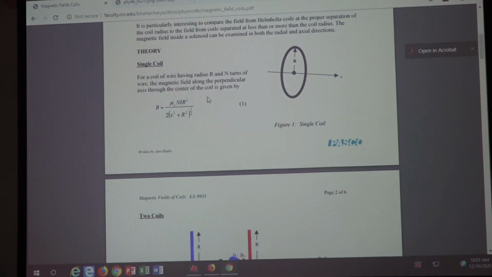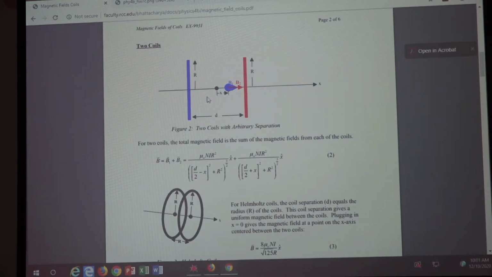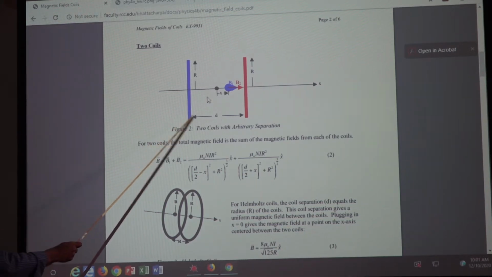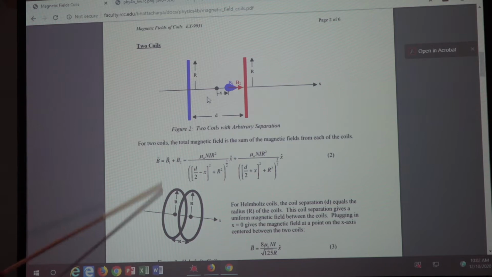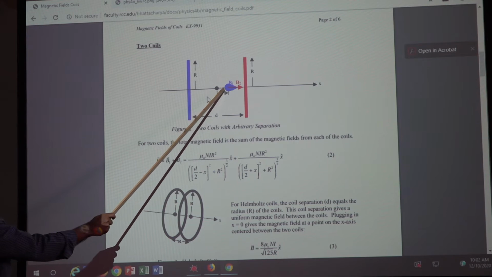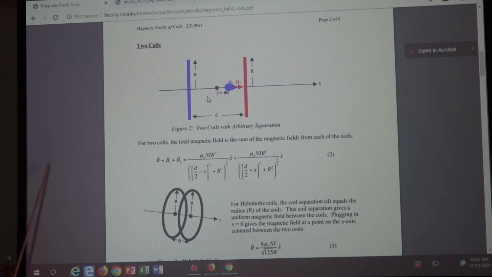There is nothing extraordinary about it, but here is the part that we want to talk about a little bit. You have these 2 Helmholtz coils. You're looking from the side, so you don't see the circular portion of it. You're looking from the left, for example, and the distance between them is d. If you take any arbitrary point x from the center between these two coils, you are going to get a superposition of two magnetic fields.